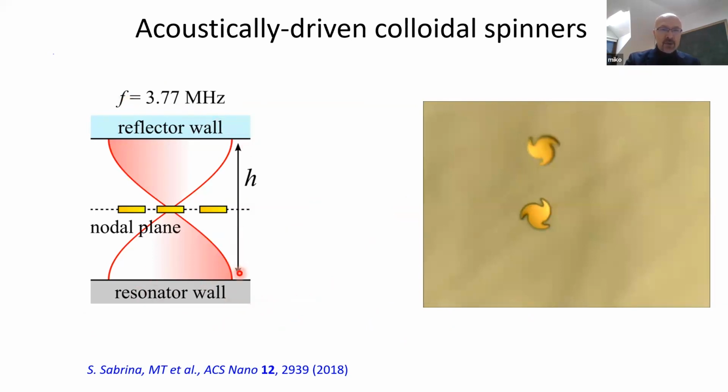The thickness H between these walls is tuned such that just half a period of the acoustic wave fits between the walls. Under this condition, we form a standing wave with a nodal plane just in the middle. Acoustic pressure forces these nanoparticles into the mid-plane, and they all move in the middle plane. They have no chance to flip their orientation. In that sense, they are two-dimensional chiral objects.